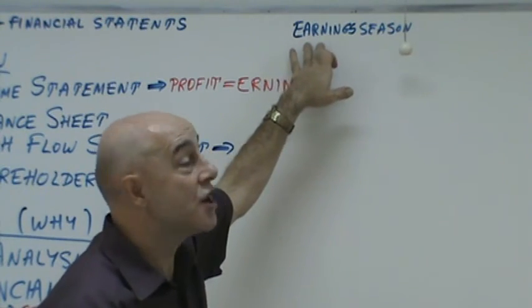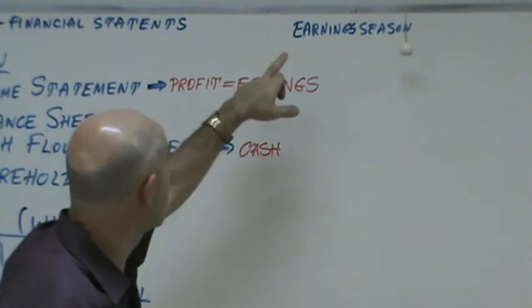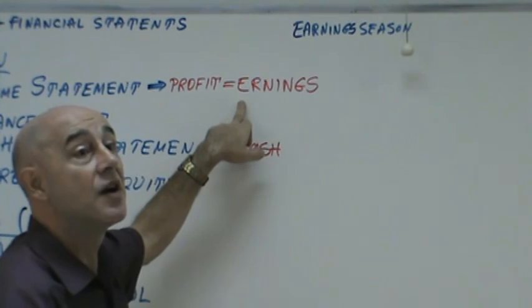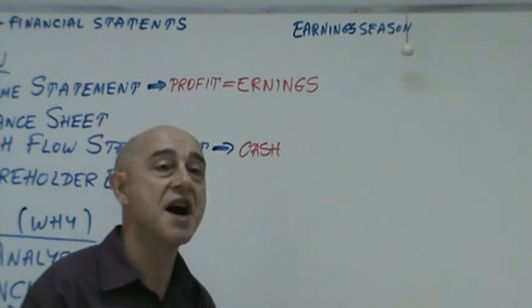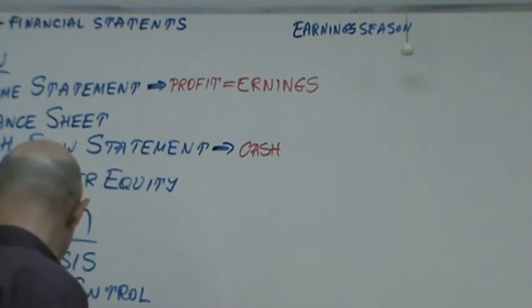When they say earnings, they definitely mean net income. So earnings is the same as net income, is the same as profit. It's just another word in finance which makes finance relatively confusing.